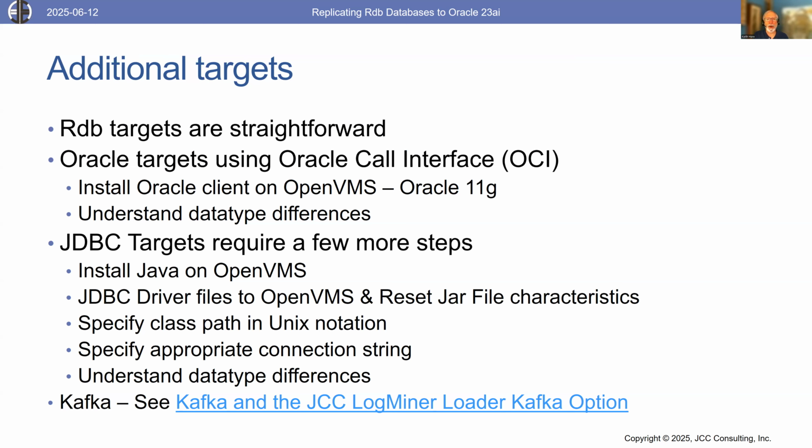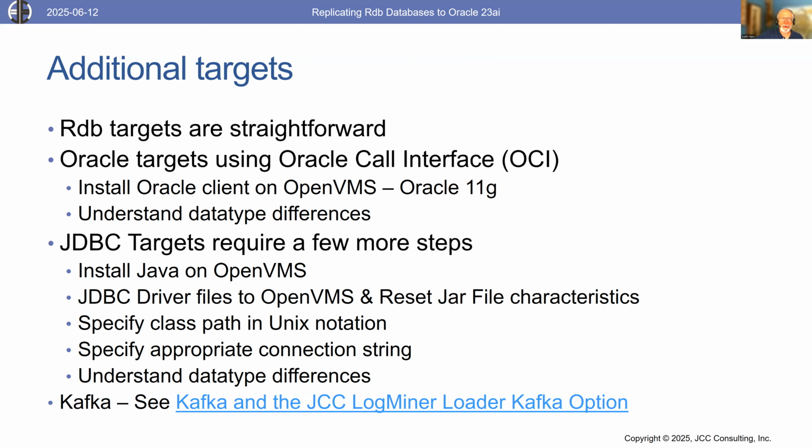Oracle targets require installing the Oracle call interface, the Oracle client on OpenVMS. The last version of the Oracle client on OpenVMS is, I believe, 11G. And you have to understand some data type differences. JDBC targets require a few more steps because you have to have Java on your OpenVMS system.